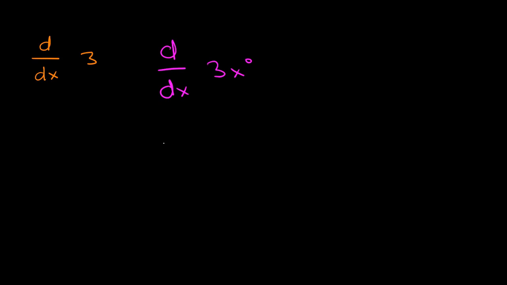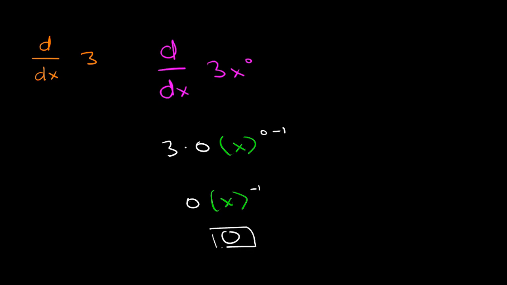We know our a value is 3. Our n value is 0 times x to the power 0 minus 1. This just becomes 3 times 0, which is just 0, times x to the power 0 minus 1, or negative 1. Now 0 times anything is just 0. So that means the derivative of 3 just becomes 0.